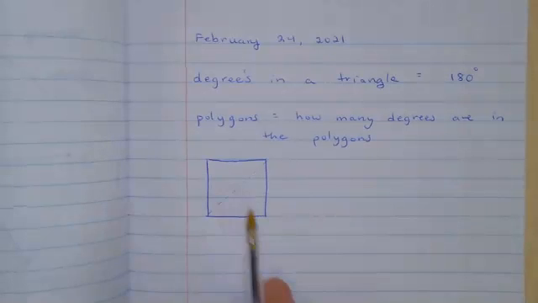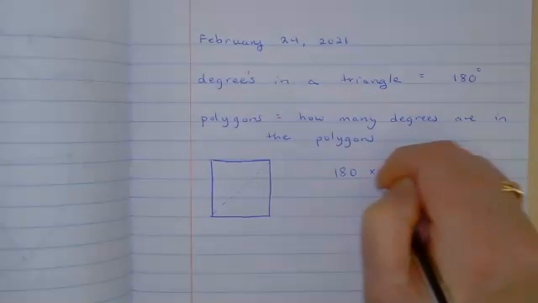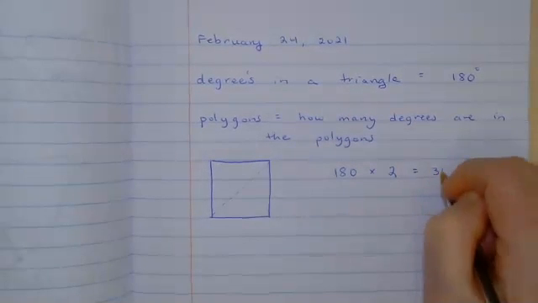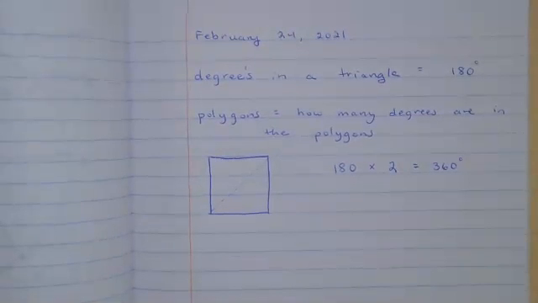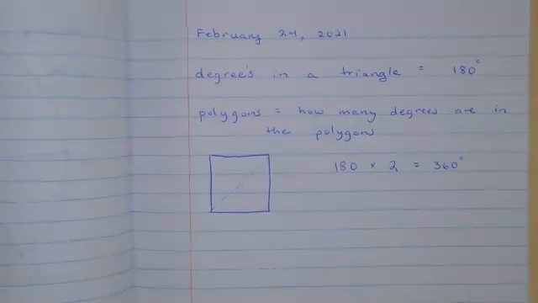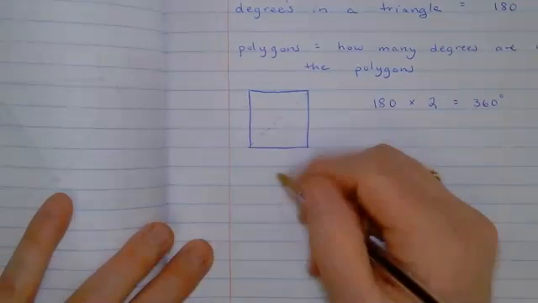So since there are two triangles here, it's going to be 180 degrees times 2. So it'll be 360 degrees in that square. No, that won't work, because it's related directly to how many triangles. So I'm going to show you another shape, and then I think you'll start to see the pattern.